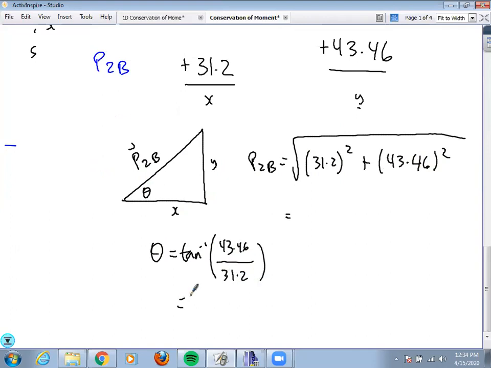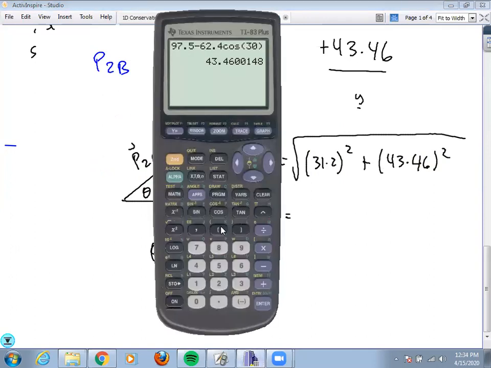Okay, this becomes quite repetitive. So bracket 31.2 squared plus 43.46 squared, and then take the square root. Second function, square root of the answer, and you get 53.4996.